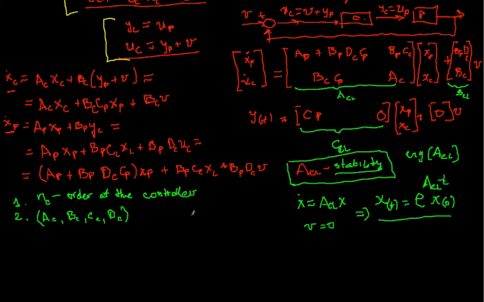freedom. Interestingly enough, there is a following representation that one can easily recognize, that ACL matrix given here can be written as follows: A plant 0, 0, 0 plus B plant 0, 0 identity.